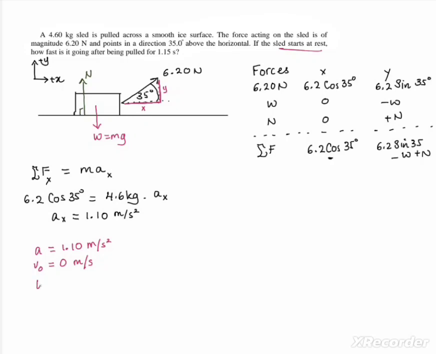And our time is 1.15 seconds. So if we use V equals V0 plus at, we have 0 plus a, which is 1.1 times 1.15 seconds. So V is 1.27 meters per second.